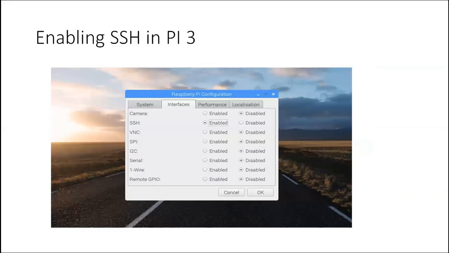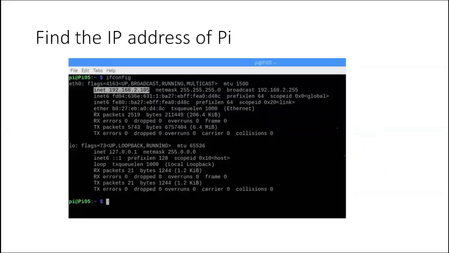In that configuration, under interfaces, SSH is the second option. You just enable that. So now SSH will be enabled in your Raspberry Pi. Now, this is a Raspberry Pi terminal, not your system's terminal. This is your Raspberry Pi terminal.